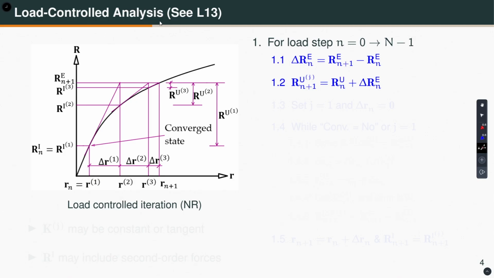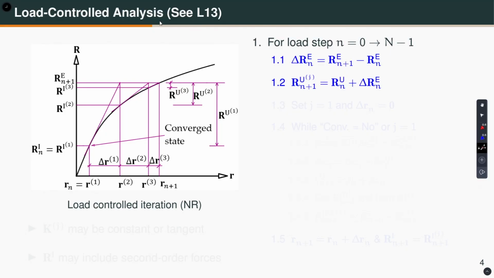Load control analysis means I apply a certain load on the structure, okay, and I iterate to achieve equilibrium so that my externally applied load is equal to, of course, with some tolerance, my internal resisting force, right. And how do we do that in a computer program?